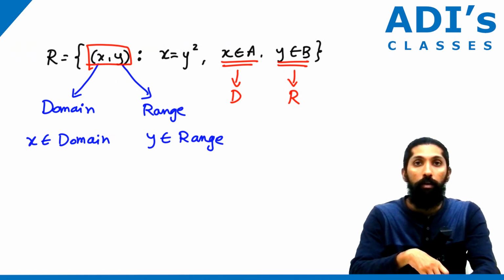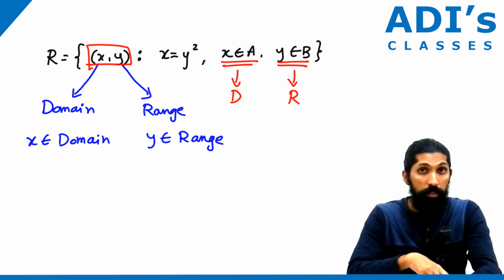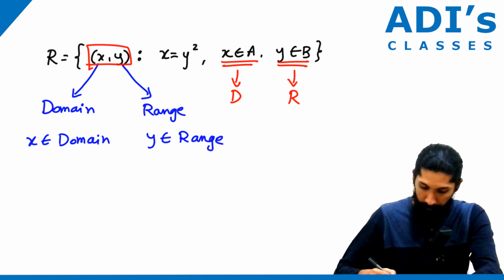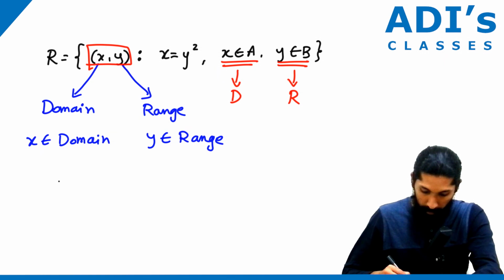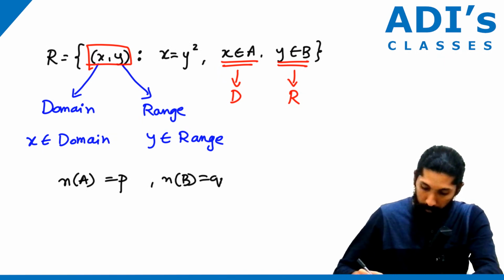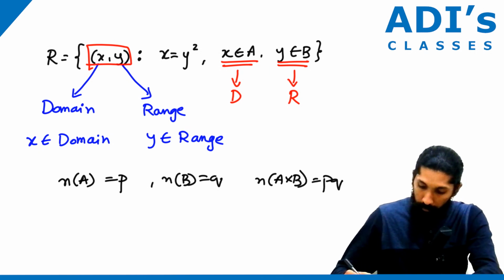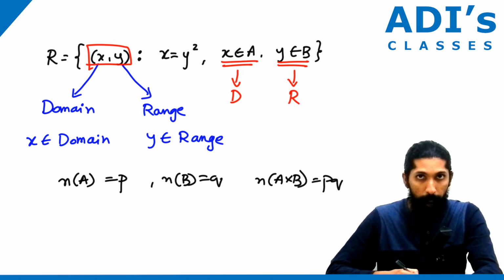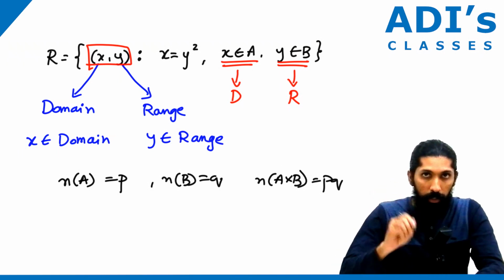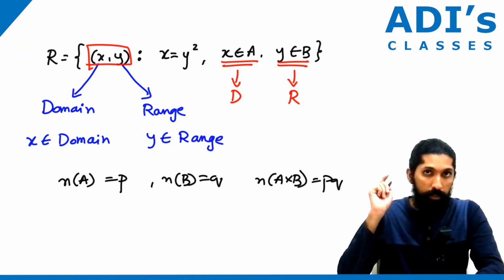Clear? Now, how do we know how many relations are there between the two given sets? Very simple. Suppose n of A is equal to P, and n of B is equal to Q, then n of A cross B is equal to P into Q. If you remember, we did this in the last video. Now this gives us the number of Cartesian products between the two given sets, correct?